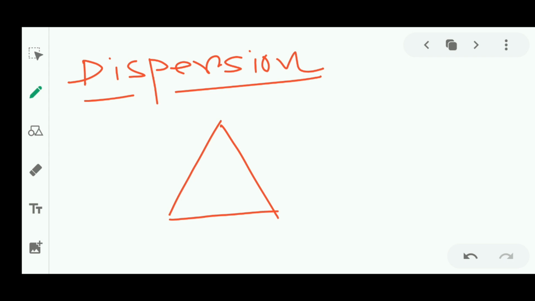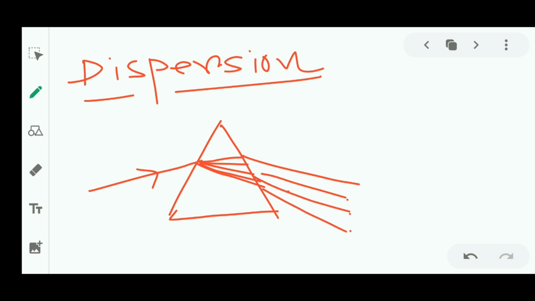Now if white light comes like this, obliquely incident on a particular surface, then on entering into the medium, it will divide like this. So they will split like this.